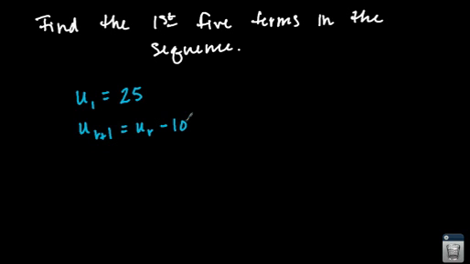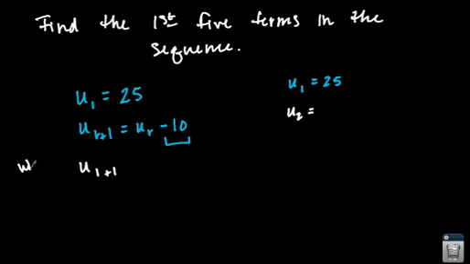Okay? So we already know our first term. That means u sub 1 is 25. All this minus 10 is doing is it's basically saying I'm going to take term 1 and I'm going to take away 10. And then I'm going to take that term and take away 10. Basically, it tells us that we're going to keep taking 10 away each time. Okay, so if we did this a long way, we would say u sub 1 plus 1.